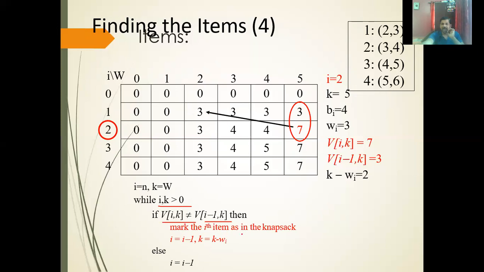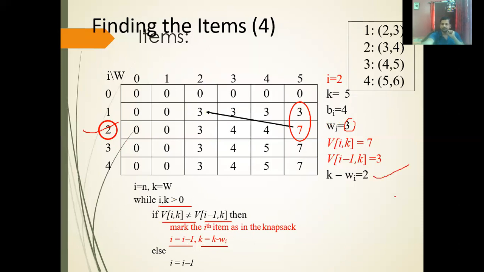So mark the ith item as in the knapsack. I should consider this item, that is item 2. Decrement i by 1. And meanwhile, if I consider this item 2, this k value should be subtracted by wi, that is w2. What is w2 here? w2 is 3. 5 minus 3 is 2. Now k value will be 2.